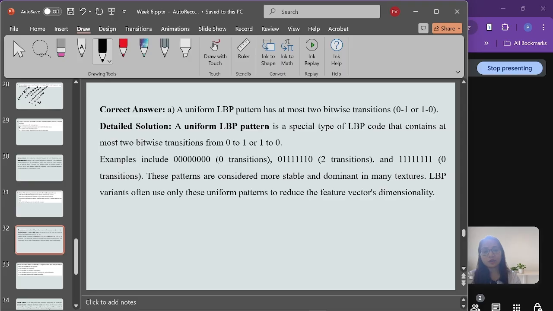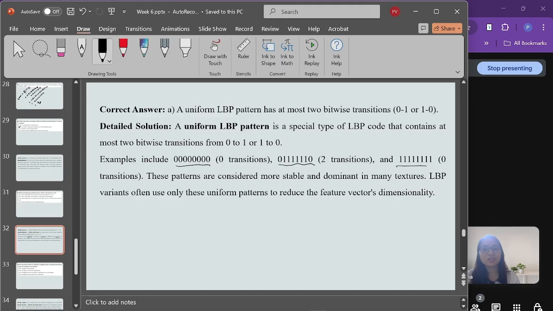Already we have solved one question in the weighted binary sum one. A uniform LBP pattern has at most two bitwise transitions, that is either 0 to 1 or 1 to 0. So a uniform LBP pattern is a special type of LBP code that contains at most two bitwise transitions. For example, all 0s has zero transitions, 0 1 1 1 1 1 0 has two transitions, and all 1s again has no transition.